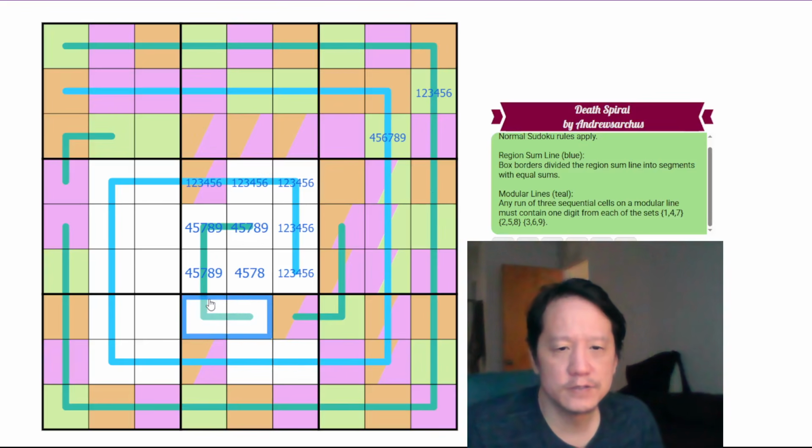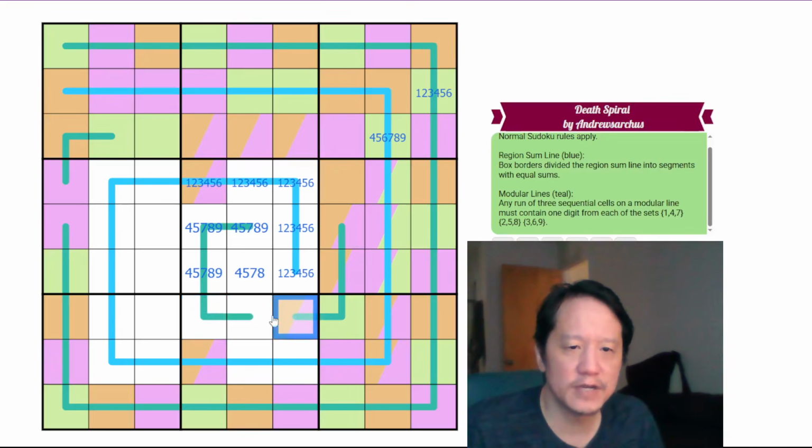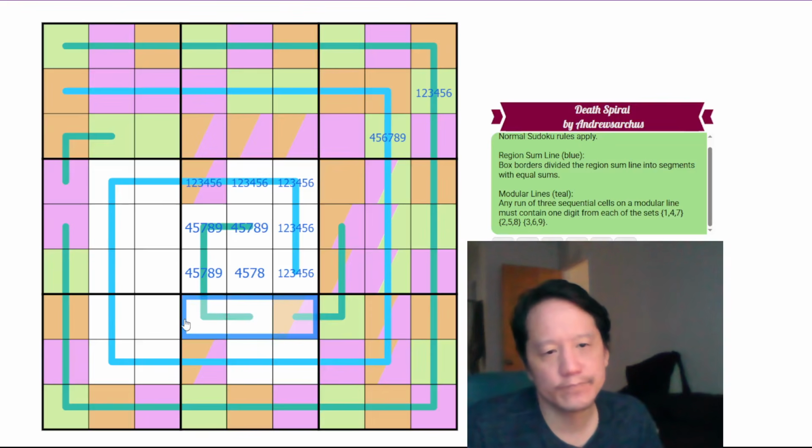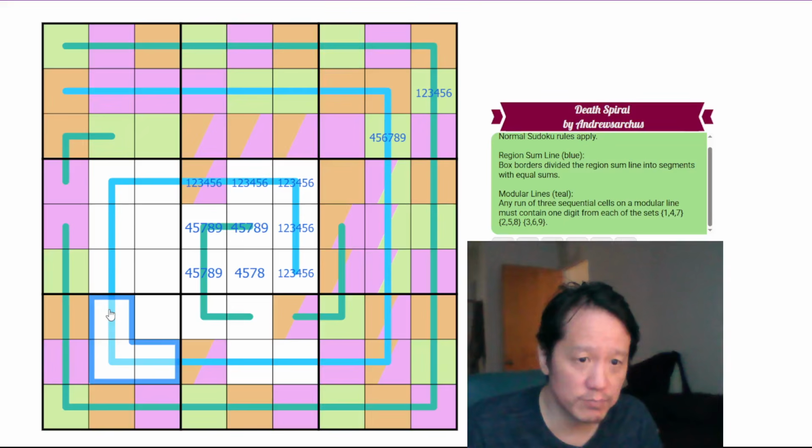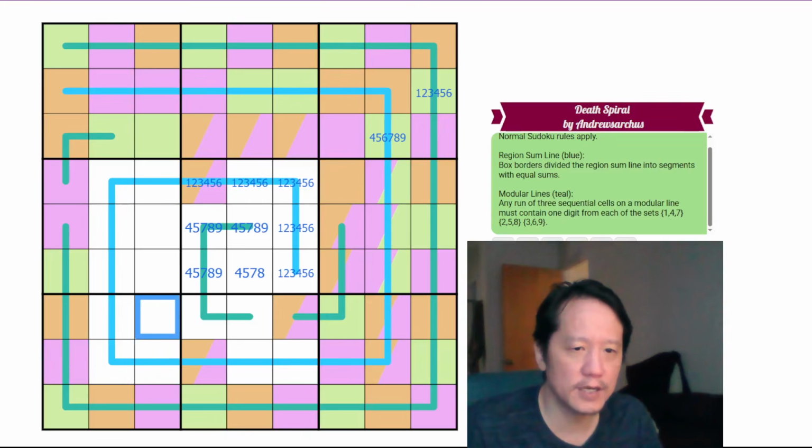This is at most 1 orange. We cannot have 2 oranges here. It can't have 2 pinks here. This must be double green. So this cannot be green. This has to be orange or pink.